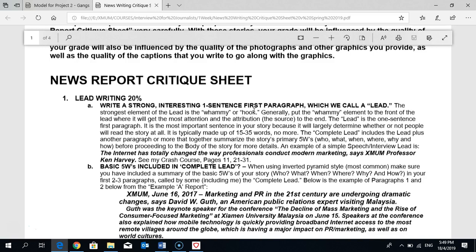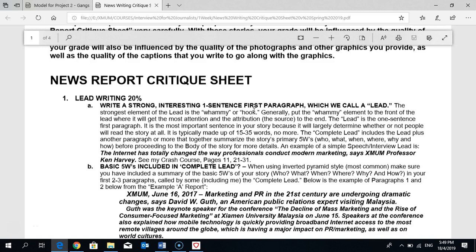And so that lead is important. But if it's truly summarizing, can you really summarize all 5 W's and an H and keep your lead short? Because we found over the years that short leads are better read, they're more frequently read than long leads.